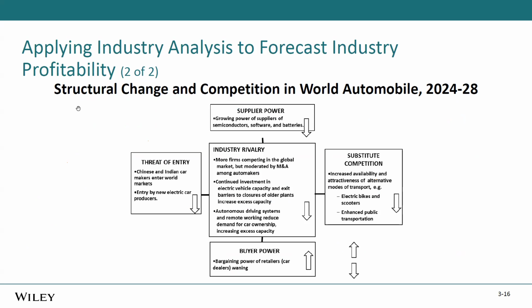Here's an example of a five forces analysis in the auto manufacturing industry and how things have changed. I'm not going to go through all these here, but it's a good view on how different forces are either increasing or decreasing. And your macro factors, your PEST factors, are going to influence this.